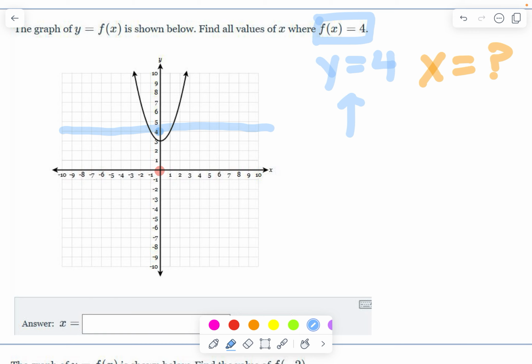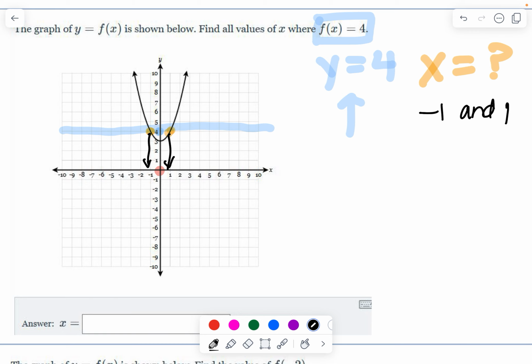And here, you'll notice on this example, that line at y equals 4 touches our graph twice, over here on the left and over here on the right. So if we look down at the x-axis, x is equal to -1 and also +1.